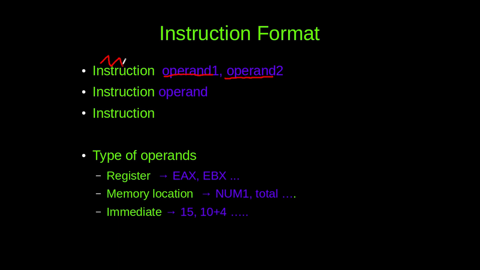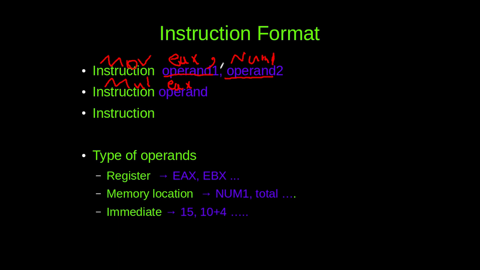For example, mov EAX, num1, where num1 is a memory location. Some instructions come with one operand, for example mul and div with EAX. Some instructions don't come with any operand. For example, set, and we'll take an example on that.